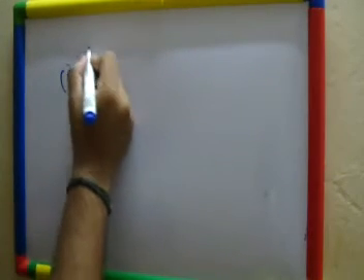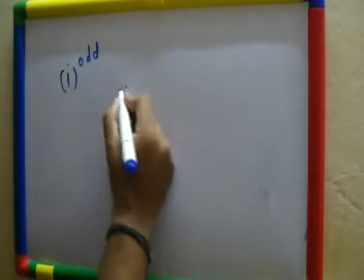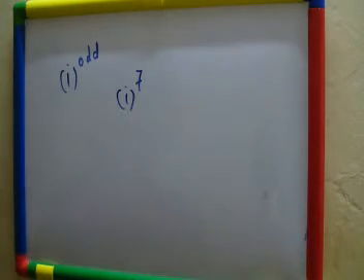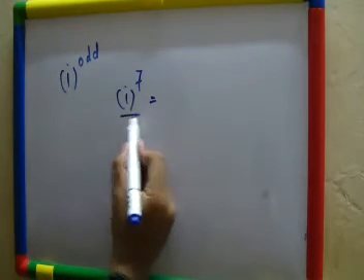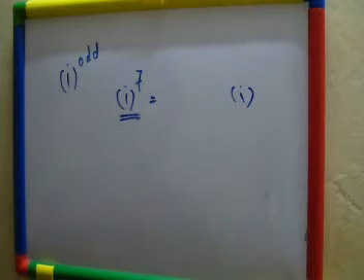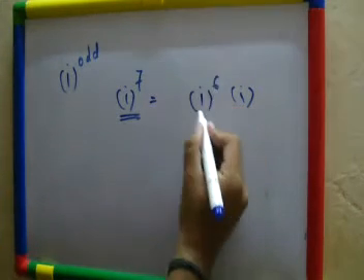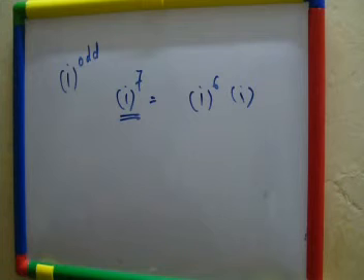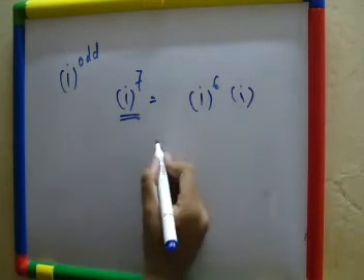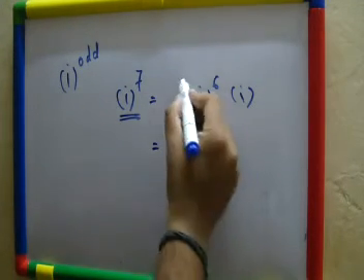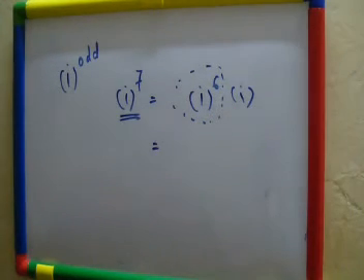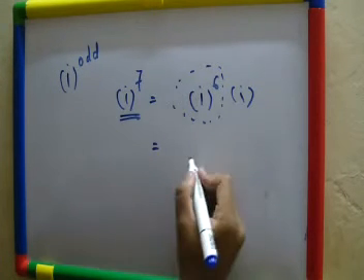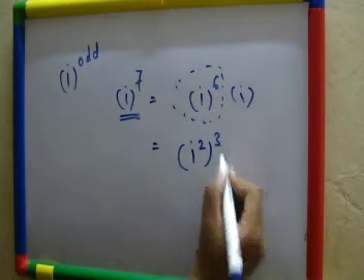i raised to an odd power. Example, i raised to 7. 7 is an odd number. First of all, I am taking out one i from this, which is i. So the power of i remaining is 6. Laws of indices. Now carefully understand this particular step. i raised to 6 can be written as i square raised to 3.